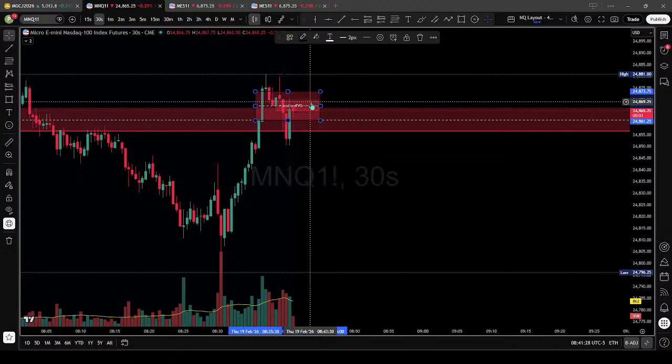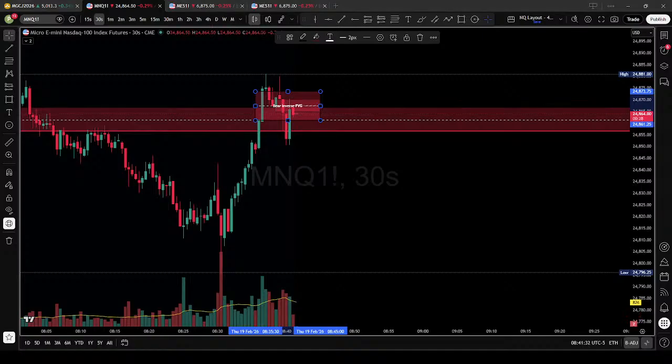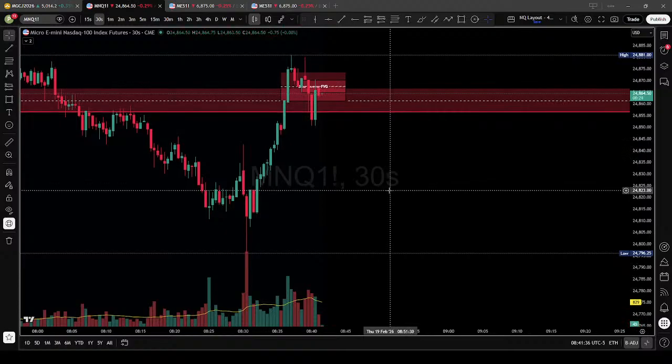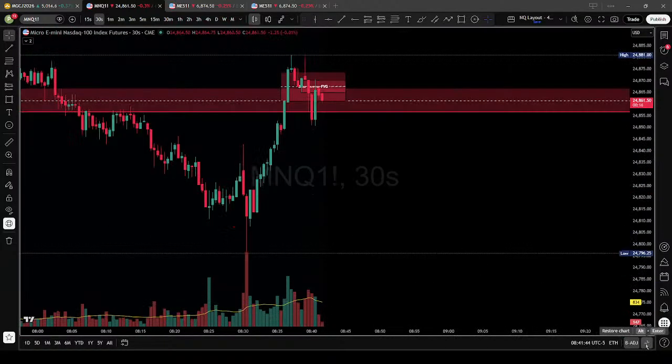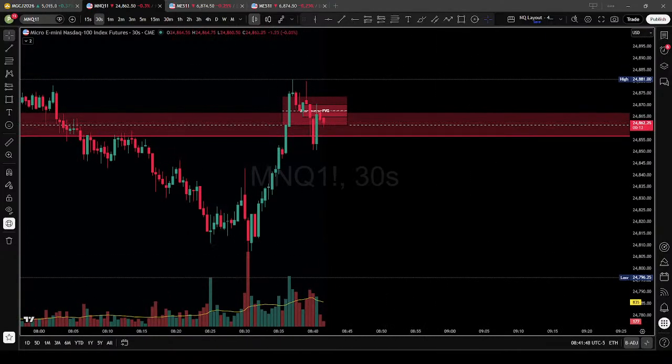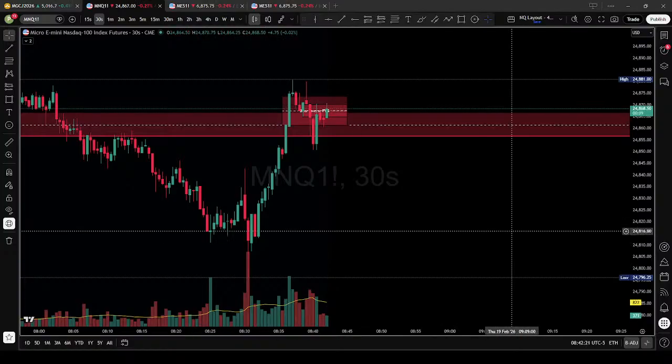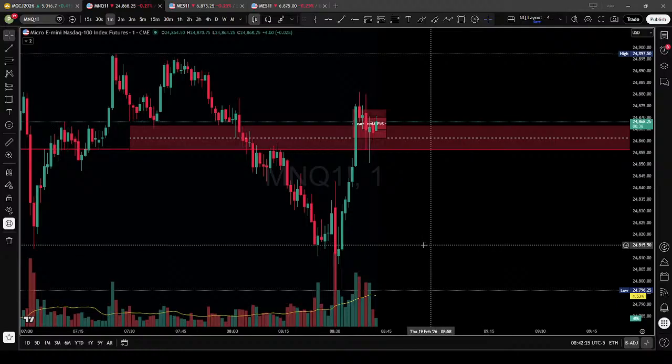This is a bearish inverse fair value gap here. It's the same thing.